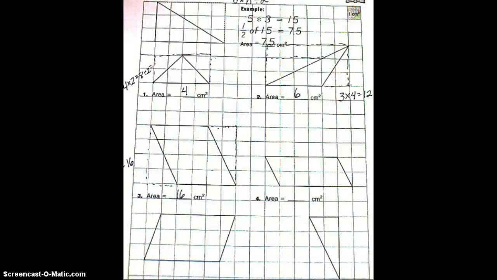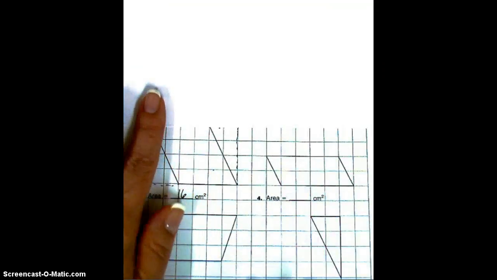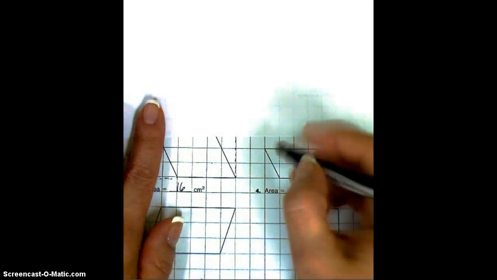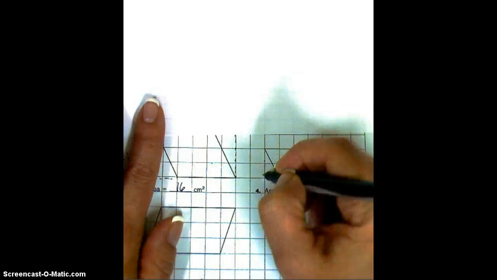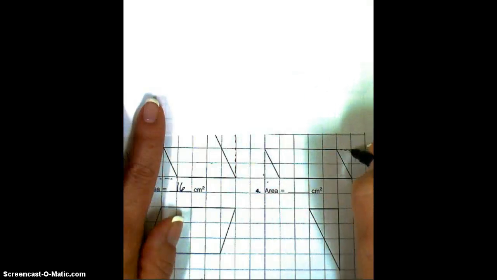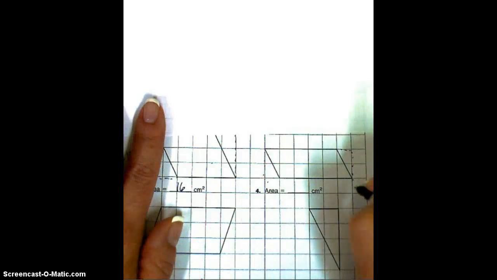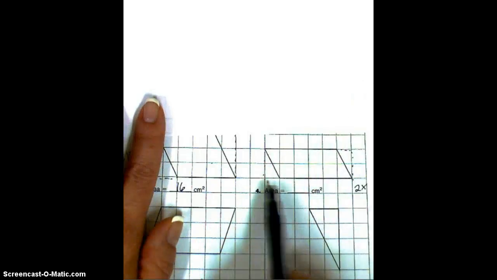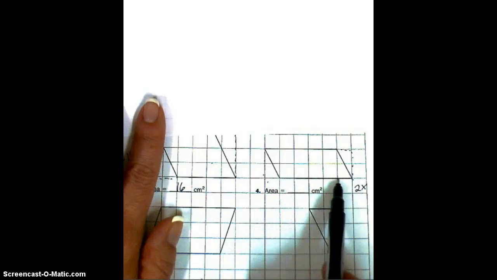Our next one, let's see if I can help us stay a little bit more focused here. Scooch it up. And we can think of this one as a rectangle if we want to. And you can see there that our height is 2. And our base, 1, 2, 3, 4, 5.